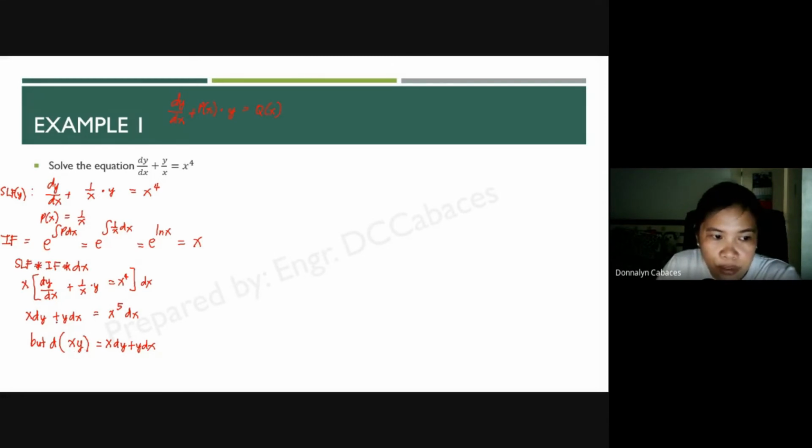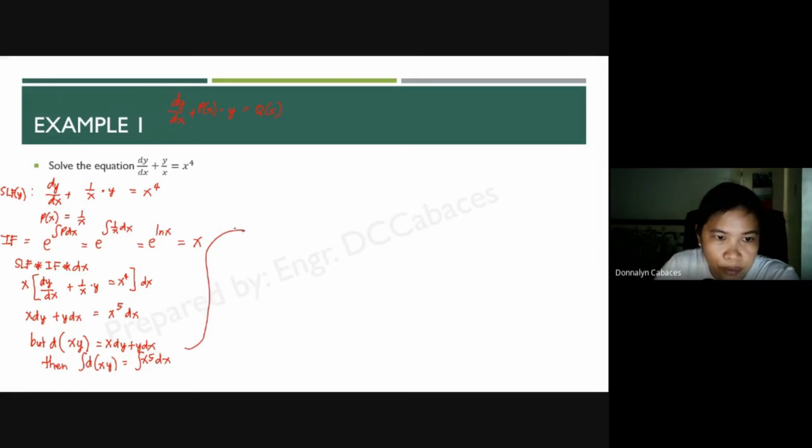So after that, we just replace the left side. Then that is just the derivative of xy is equal to x to the fifth dx. Then we just integrate both sides of the equation.